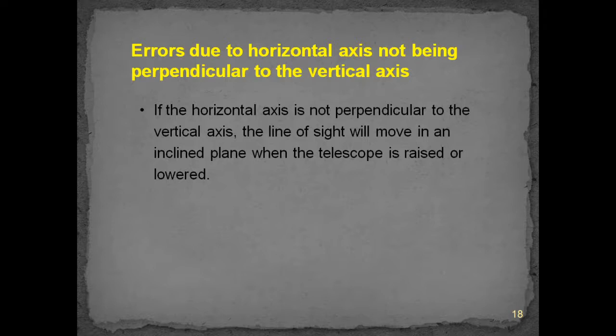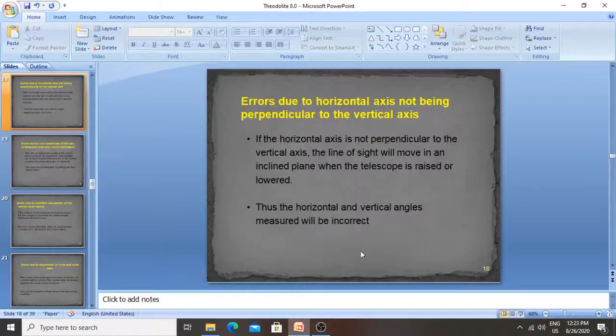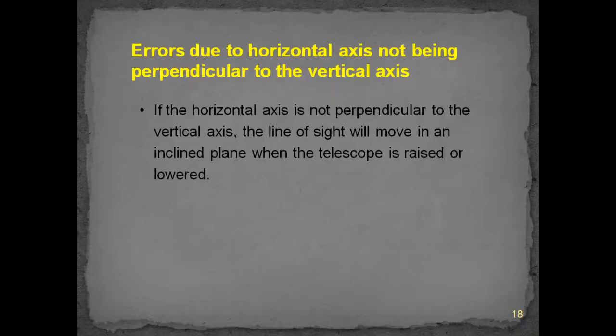Next, errors due to the horizontal axis not being perpendicular to the vertical axis. If the horizontal axis is not perpendicular to the vertical axis, the line of sight will move in an inclined plane when the telescope is raised or lowered.